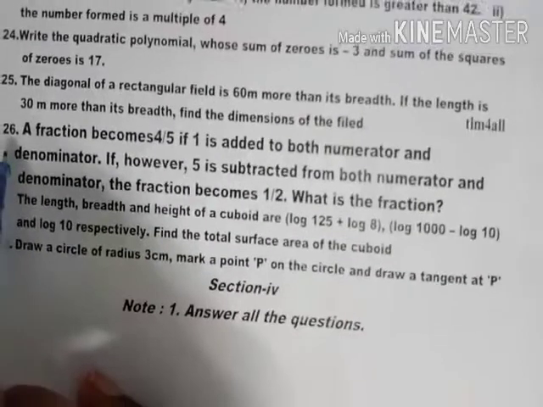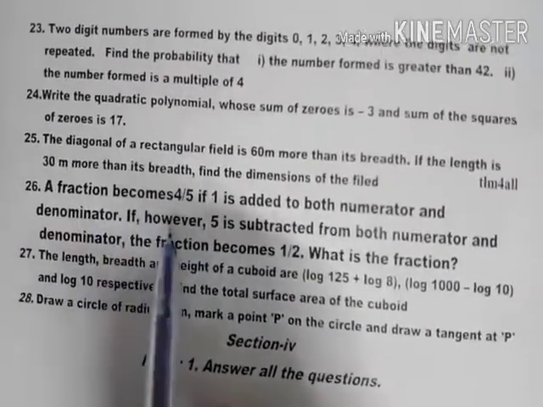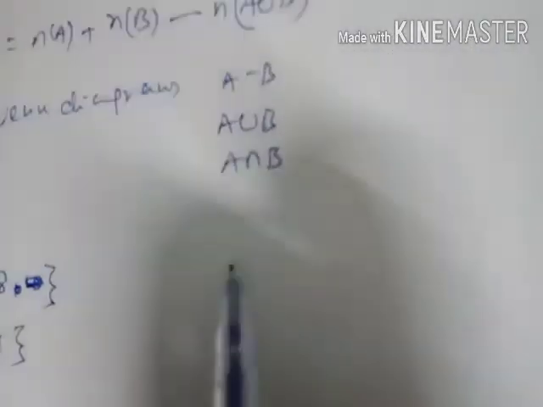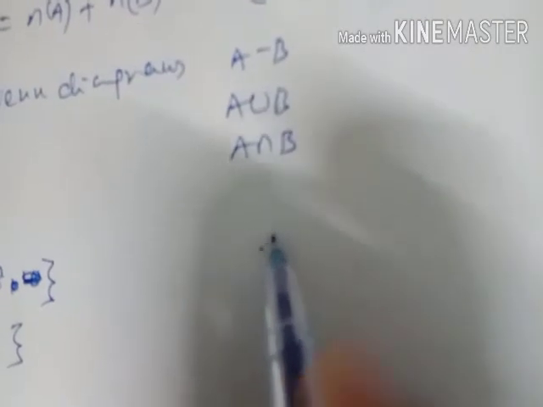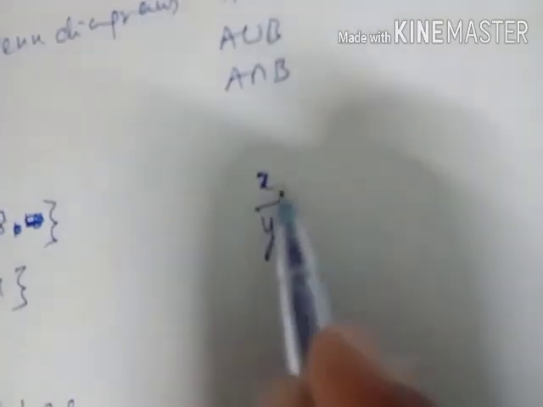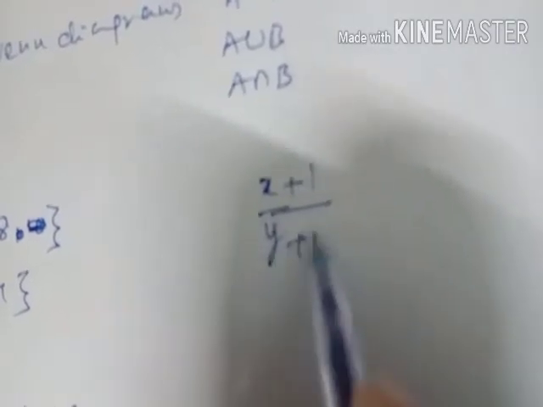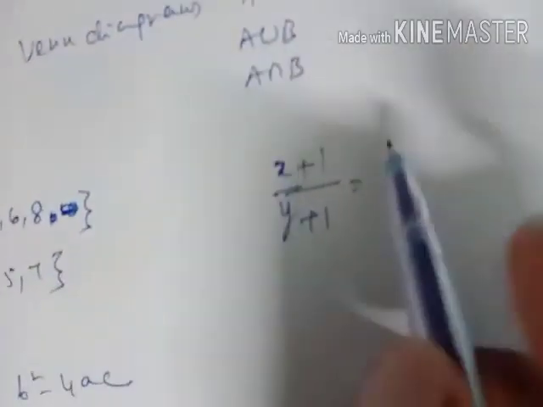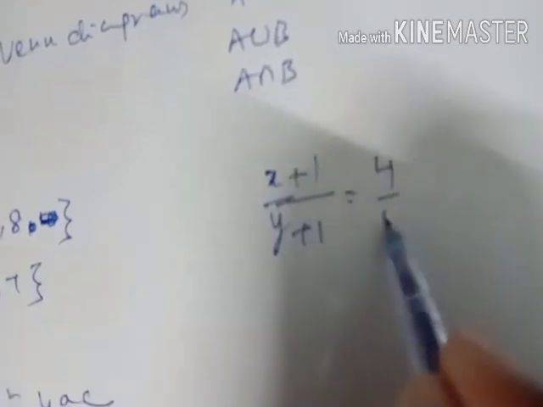And the 26th question again we have a question on linear equations. So we can solve like this. So I am taking a numerator as x, I am taking denominator y. When you are adding 1 for both numerator and denominator, it will become 4 by 5.